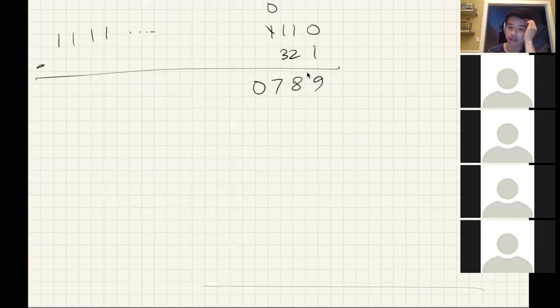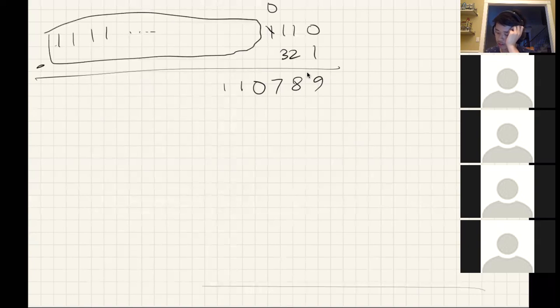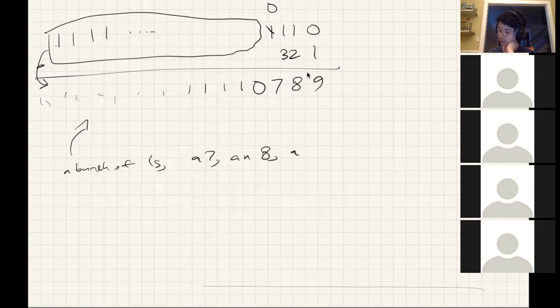And then we're going to get a bunch of 1s, right? All these 1s from this point on, you just go straight to the answer. So we basically have a bunch of 1s, a 7, an 8, and a 9.